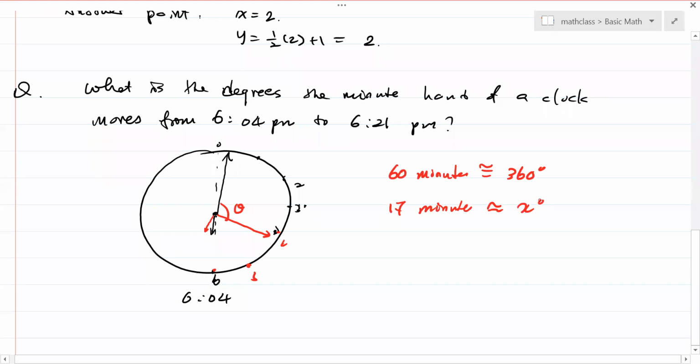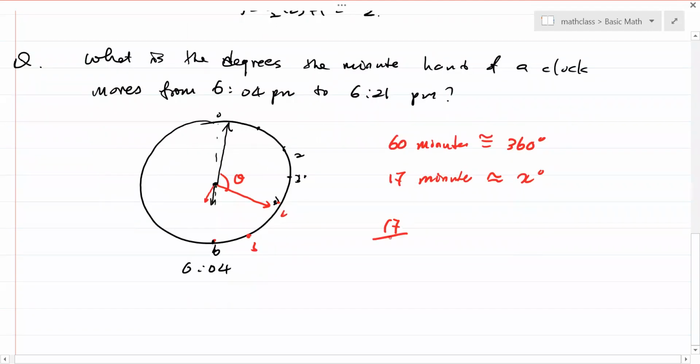When the minutes increase from 0 minutes all the way to 60 minutes, the minute hand angle rotates 360 degrees. So you just get the equation: 17 over 60 equals x over 360 degrees.